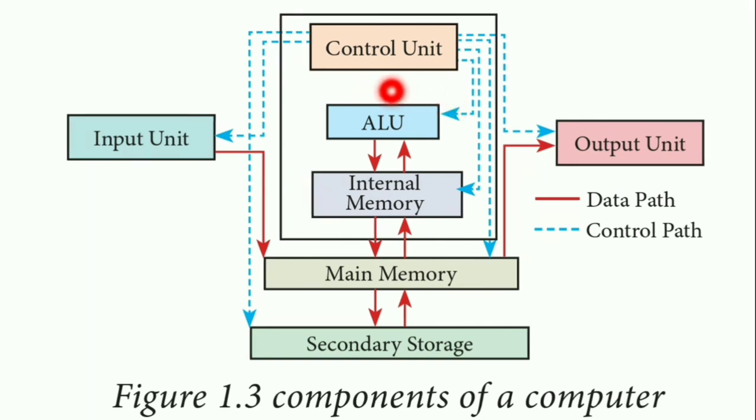And yes, the ALU will process the data and produce the output. Those outputs are once again stored back in the memory unit. And the control unit will fetch the output from the memory unit and give it to the output unit so that the user can view the data, view the result. This is the procedure followed in the computer.